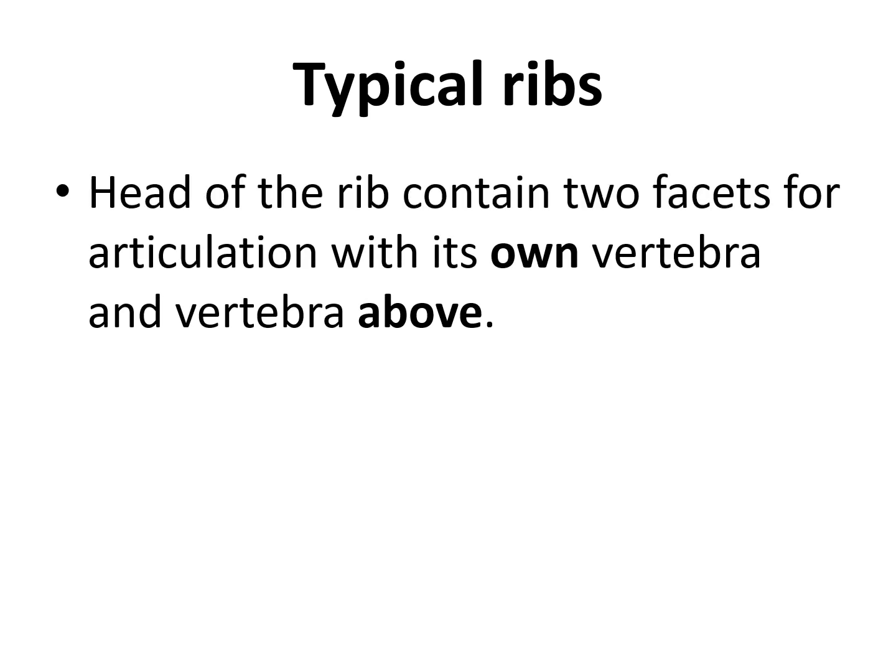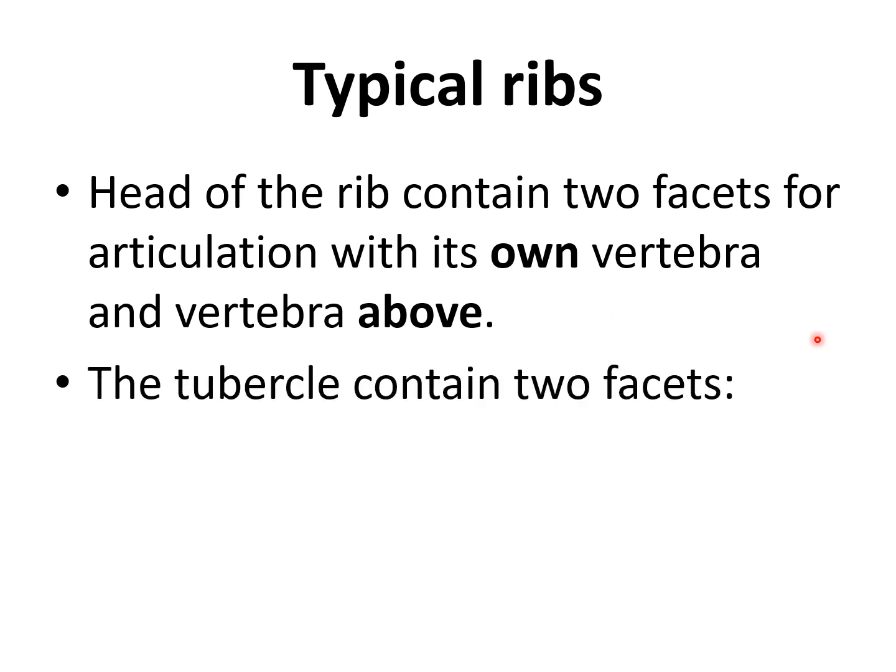The head of the rib contains two facets in typical ribs, for articulation with its own vertebra and the vertebra above. So if we are talking about vertebra number 5, it has two facets in the head, for vertebra number 5 and vertebra number 4.